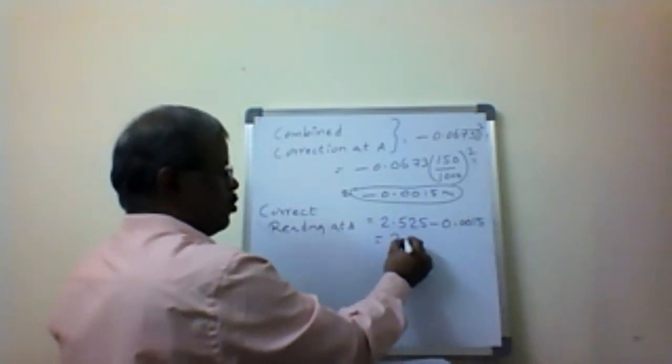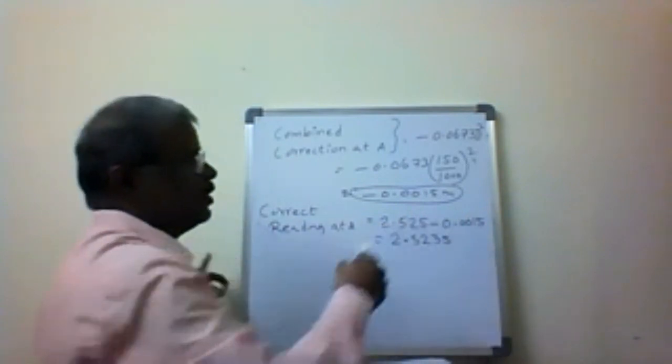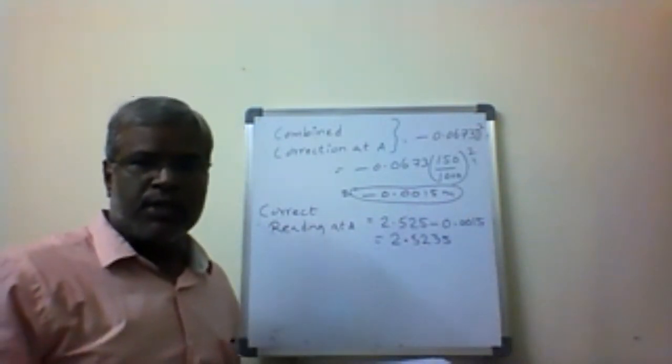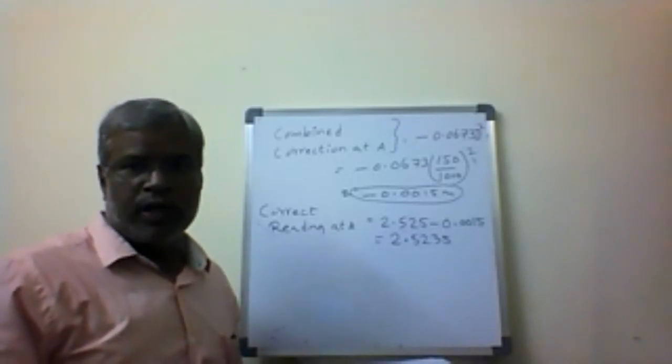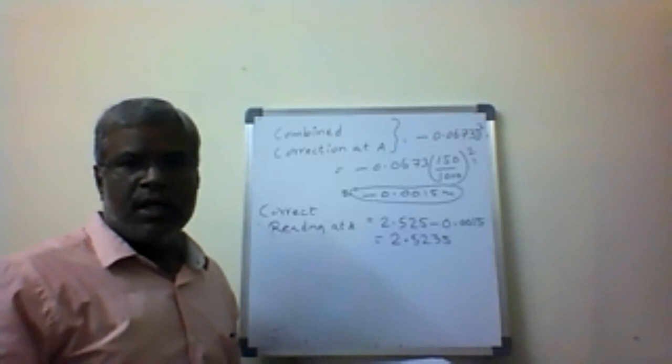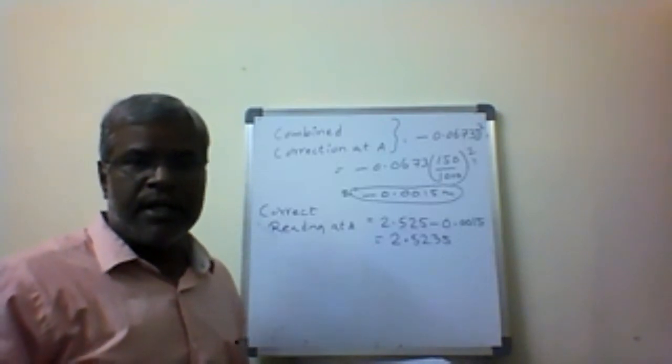That will be equal to 2.5235. Because the combined correction is subtractive, we are going to subtract it from the observed staff reading. The observed staff reading is 2.525 and the corrected staff reading is 2.525 minus 0.0015. We have corrected the reading at A.